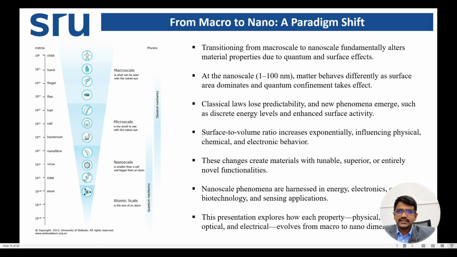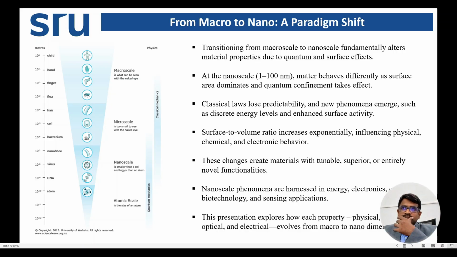We have discussed in detail in our previous classes that whenever a material changes from macro size to nano size, most of the material properties will change. For this change in material properties, there are two reasons. Two reasons for this major change in the properties of nanomaterials.